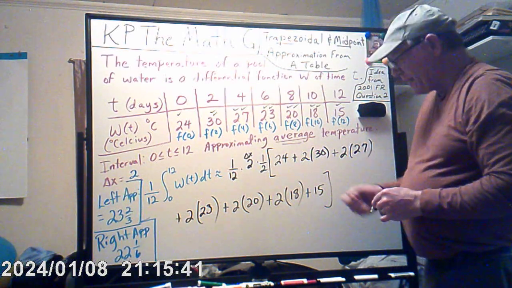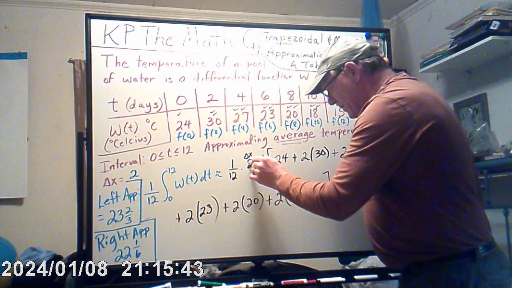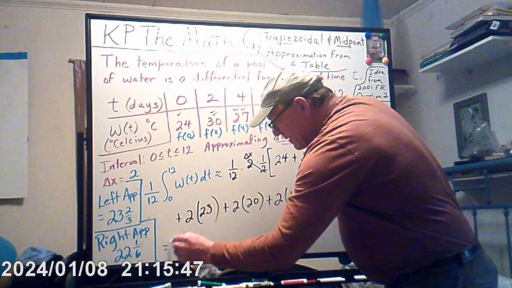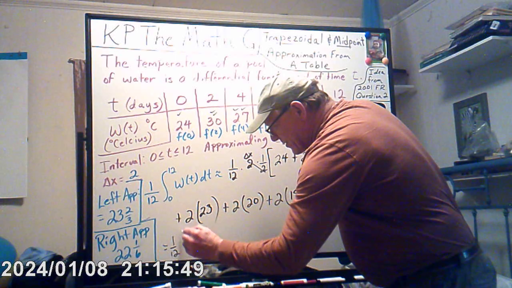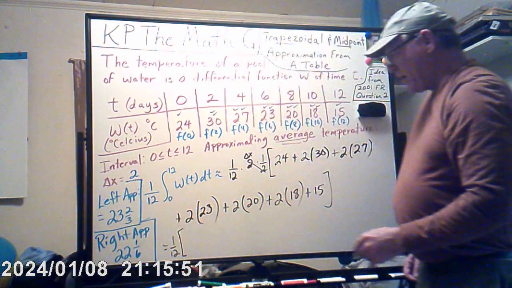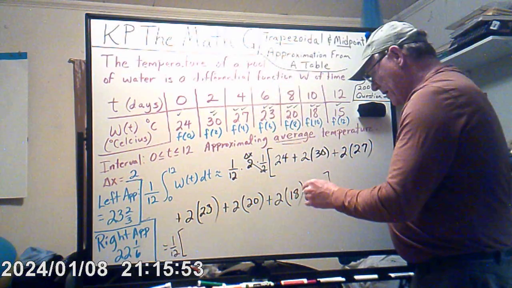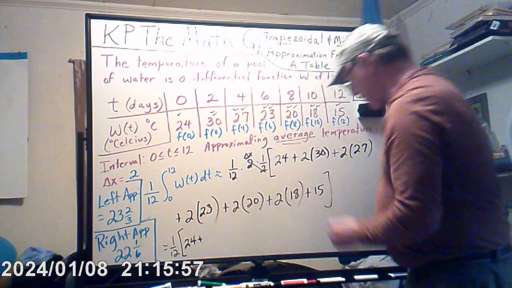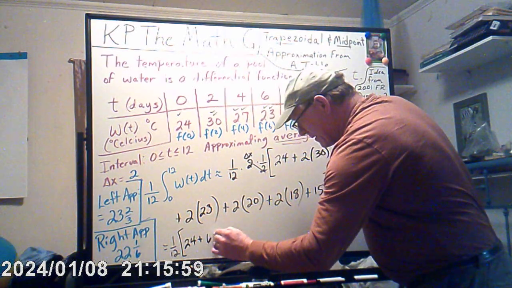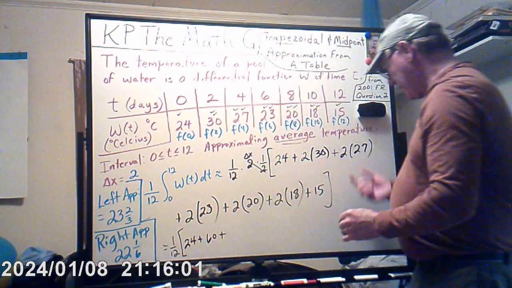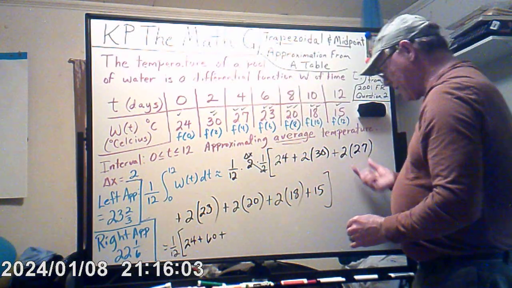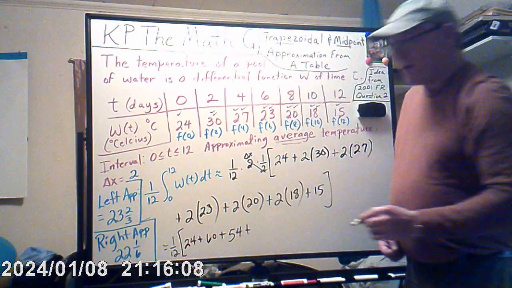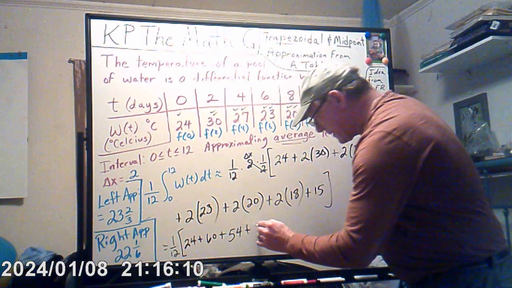Alright, so let's see what we get here. Half of 2 is 1, so really all we got is 1/12 on the outside. So 1/12 of all this. Okay, so 24 plus 60. Okay, plus 2 times 27 is 54. 2 times 23 is 46.